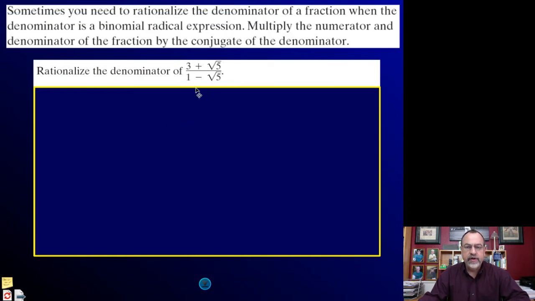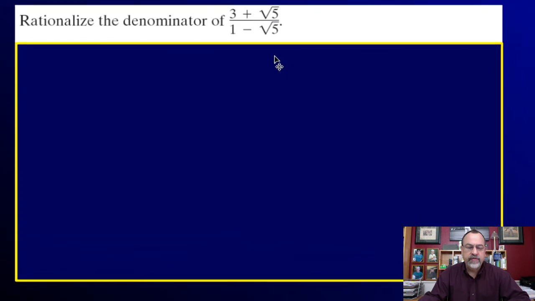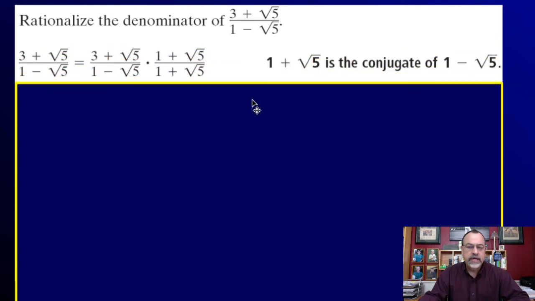So in the example here, I have 1 minus the square root of 5 in the denominator, so the conjugate of that would be 1 plus the square root of 5. And because it's a fraction, I need to multiply numerator and denominator by the same expression. So multiplying these conjugates in the denominator will produce a rational number in the denominator, and then I simply multiply the numerator and simplify the expression.